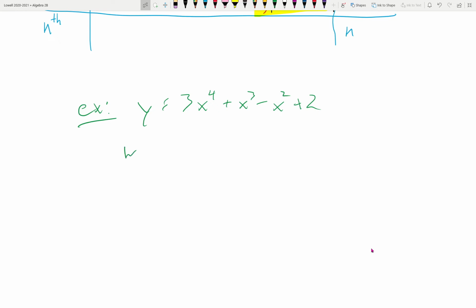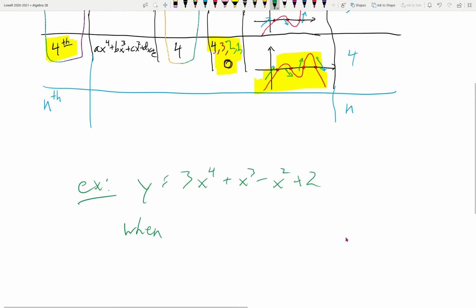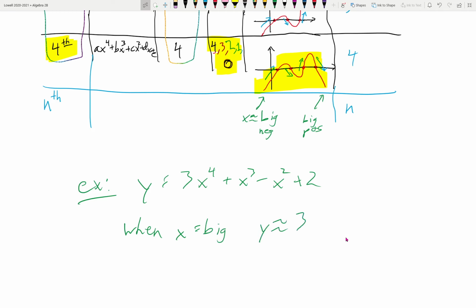When x is really big, and this is what's happening right here, x is getting to be a big negative number or a big positive number, the y value is essentially equal to just 3x to the fourth, because the trailing terms are so small compared to x to the fourth.